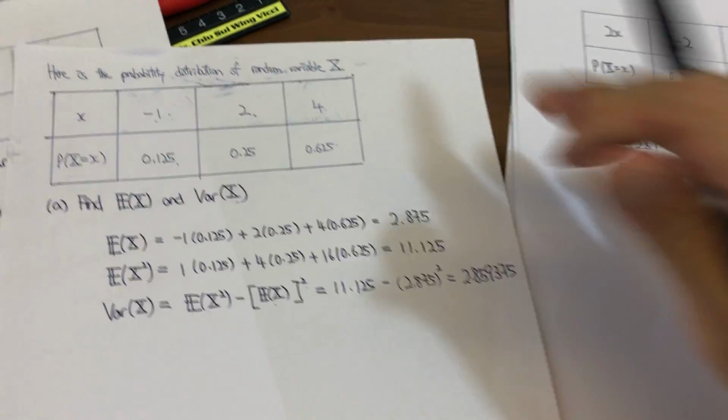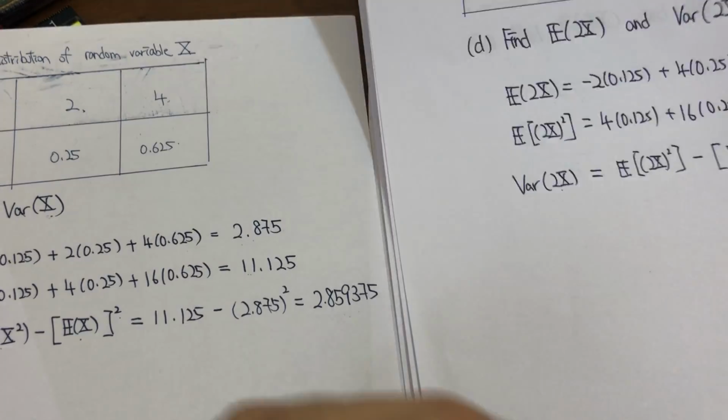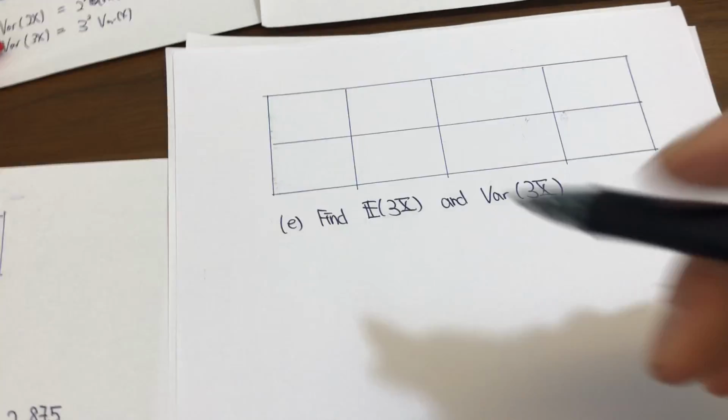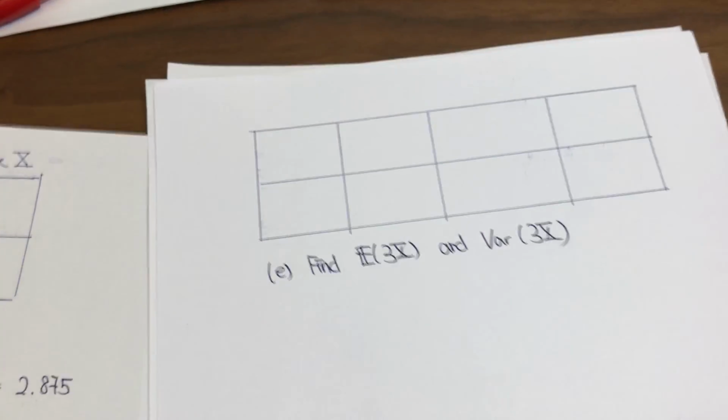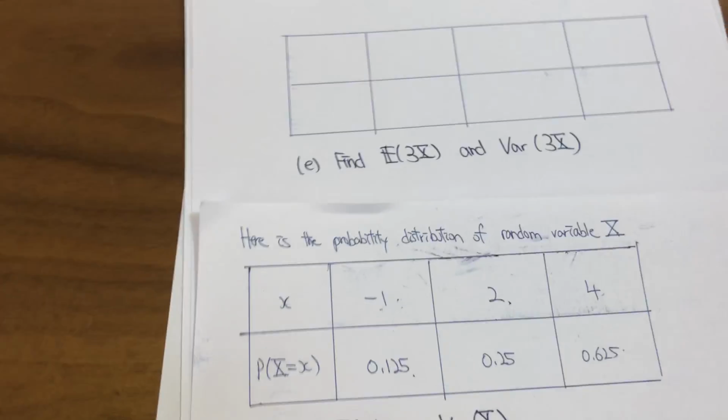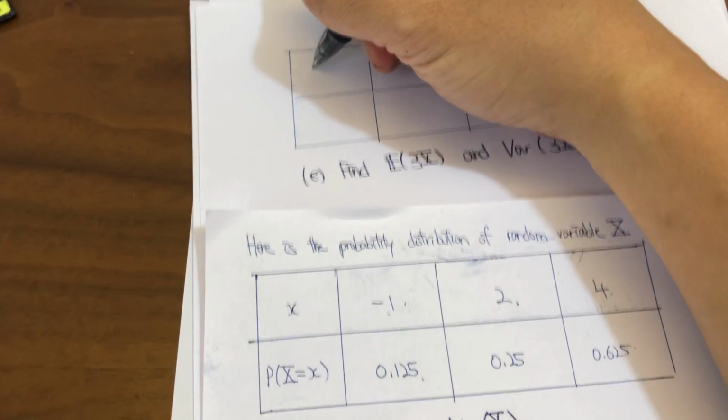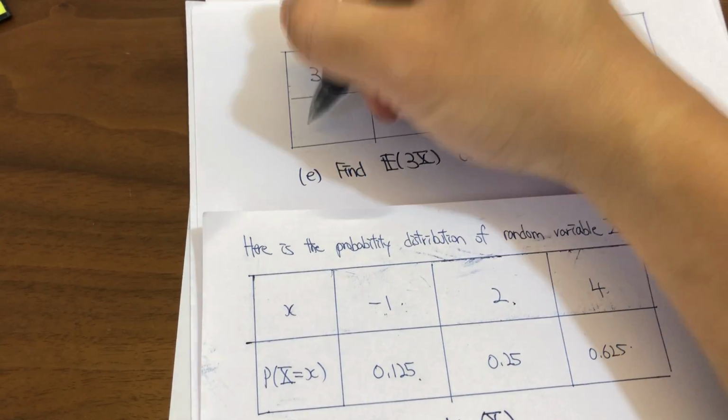And now let's do one more experiment. This time we consider the expected value of 3x. So we have to find all the values of 3x.